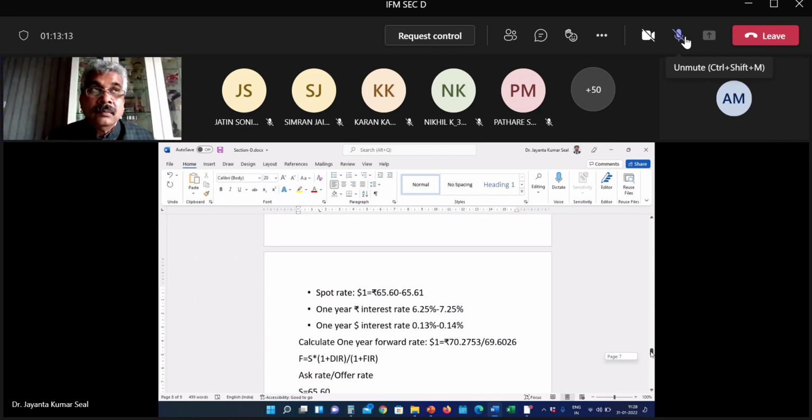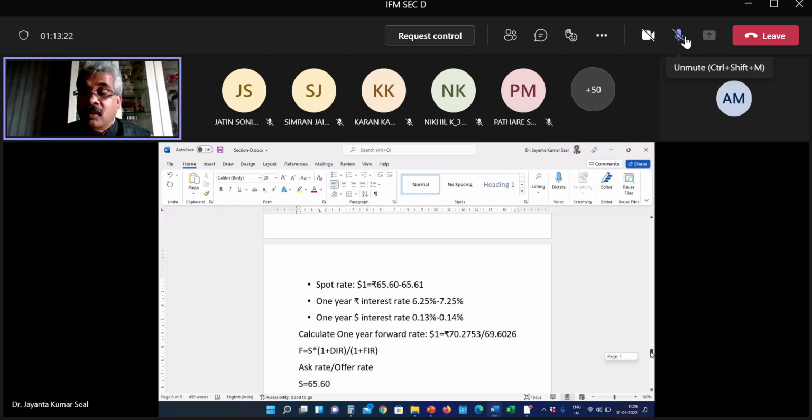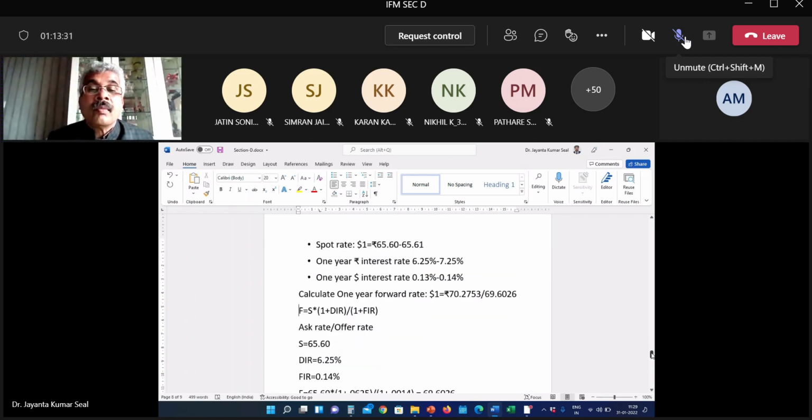I repeat, you come to me and say $1 after 1 year. What will be the safest thing from my side to do? Because I don't know what the price of $1 will be after 1 year. So I'll go to the market and buy $1 today. What will be the rate I'll be paying?